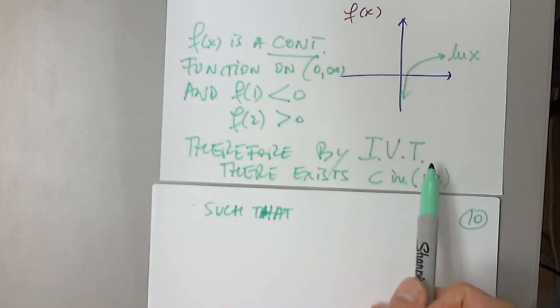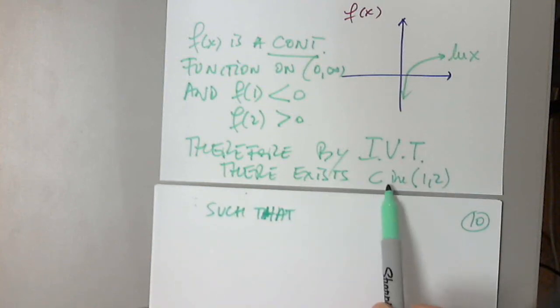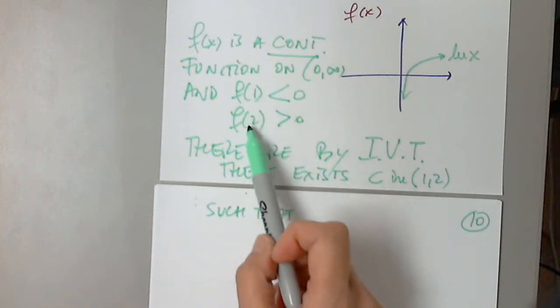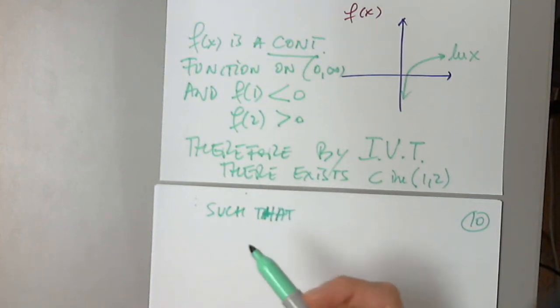Therefore, by IVT, the intermediate value theorem, there exists C in the interval 1, 2. That's our interval that we picked. F of C is 0.